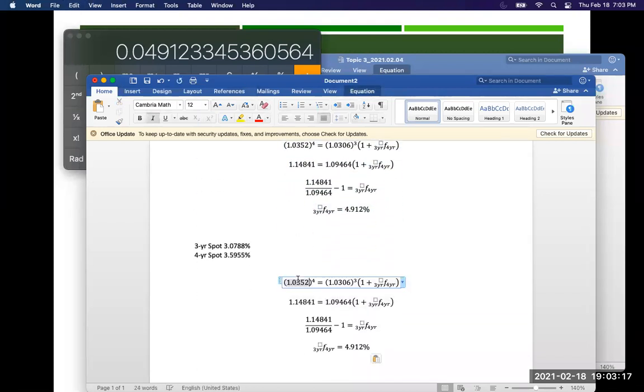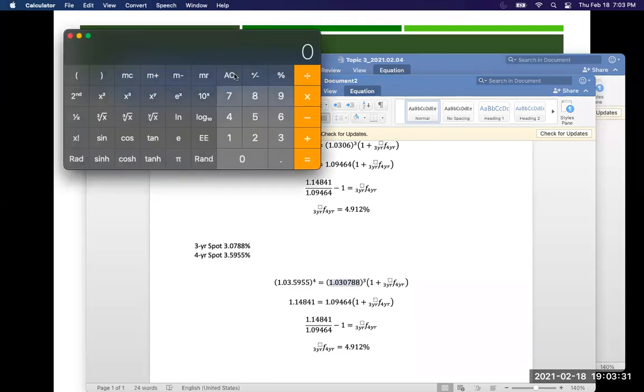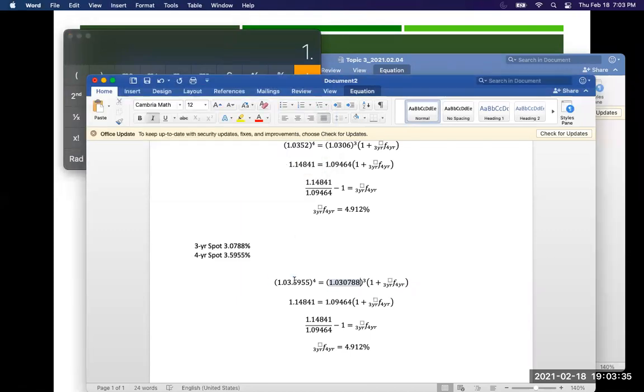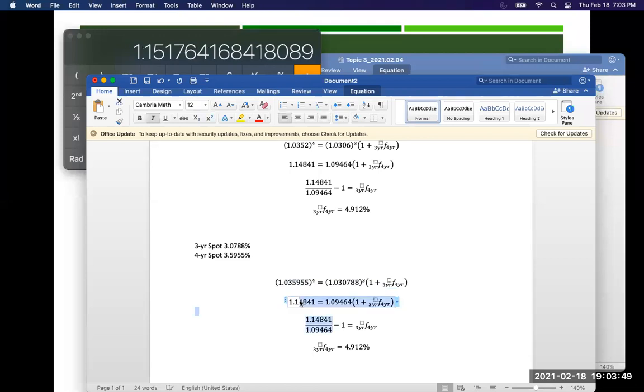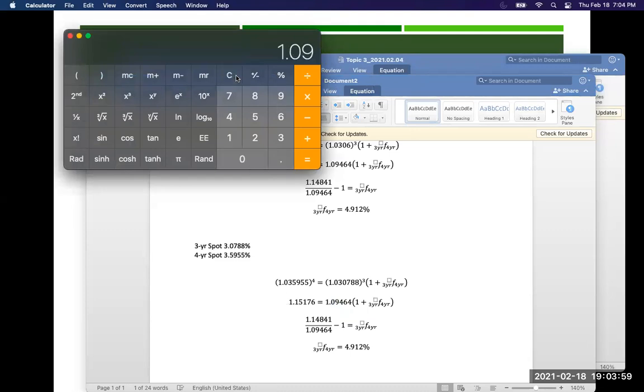I have to replace all these, so that's 3.5955, 3.0788. 1.035955 to the power 4, and 1.030788 cubed.